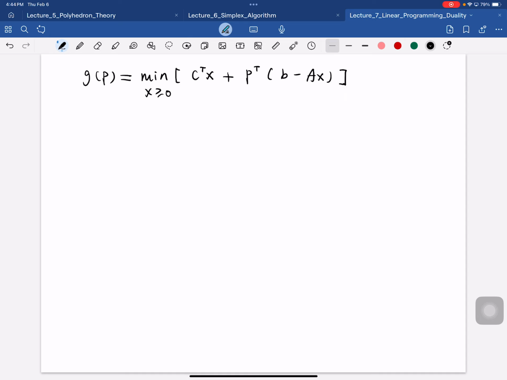So let's evaluate this problem. First I'll recognize that p transpose b doesn't depend on x, so you can take p transpose b out. So you have p transpose b plus this minimization problem.